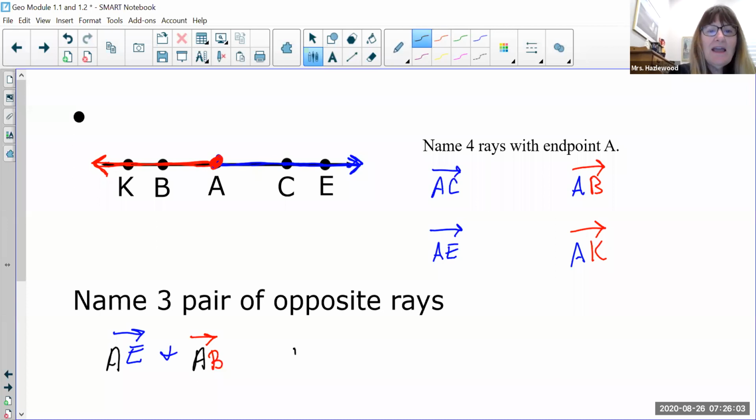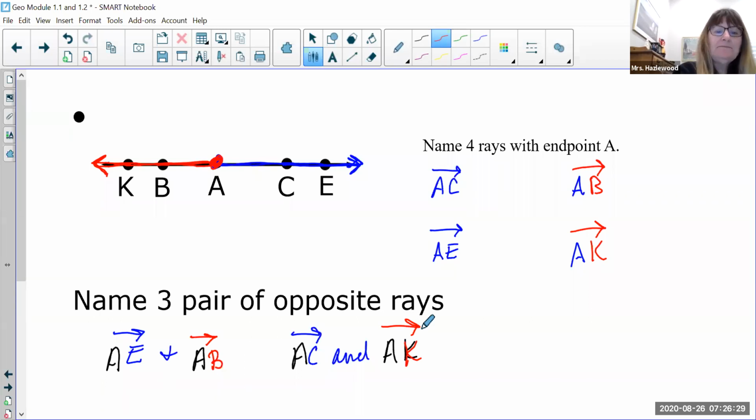So if I say AC, and that was the blue one, and AK, that is 1 red, 1 blue. So that's a pair of opposite rays as well. And then I can say AC, my blue one.